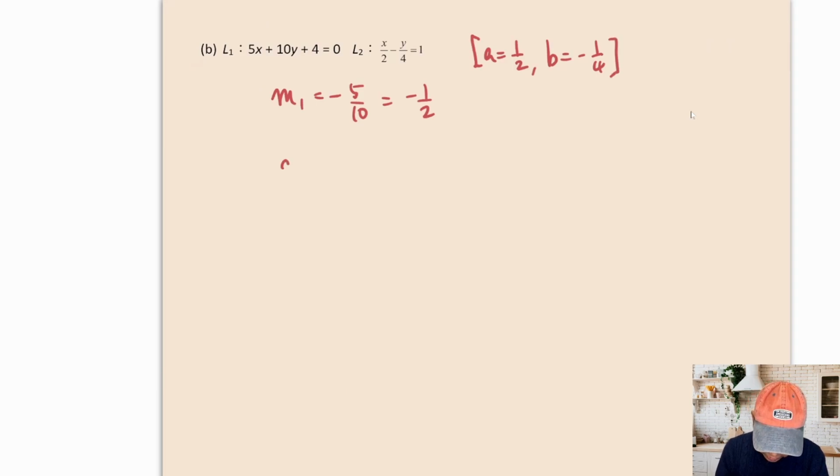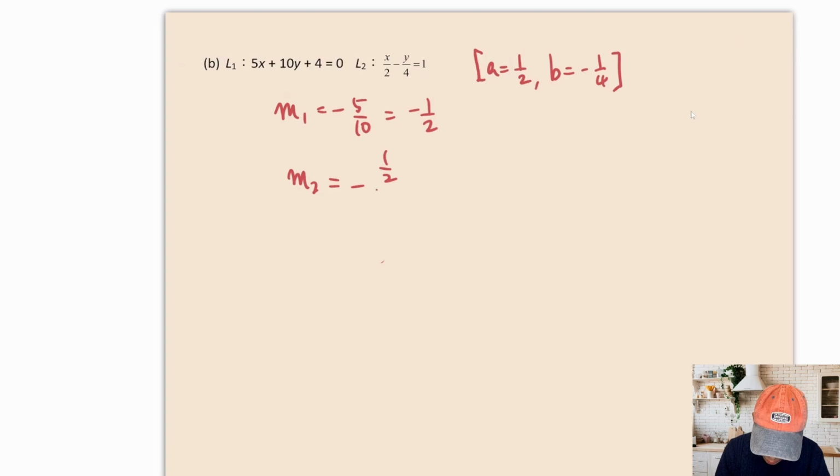So for line 2, the slope is negative the fraction 1 over 2, over negative 1 over 4. As there are two fractions, it is not a good way to write these expressions, so we use the division sign rather than the line. Okay, so we write again negative 1 over 2.